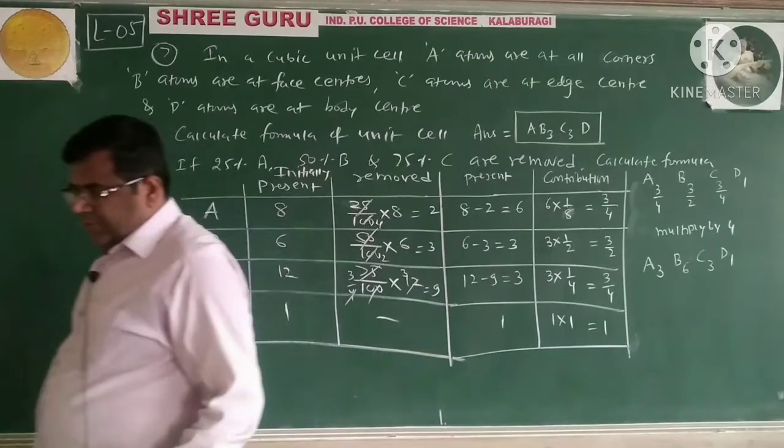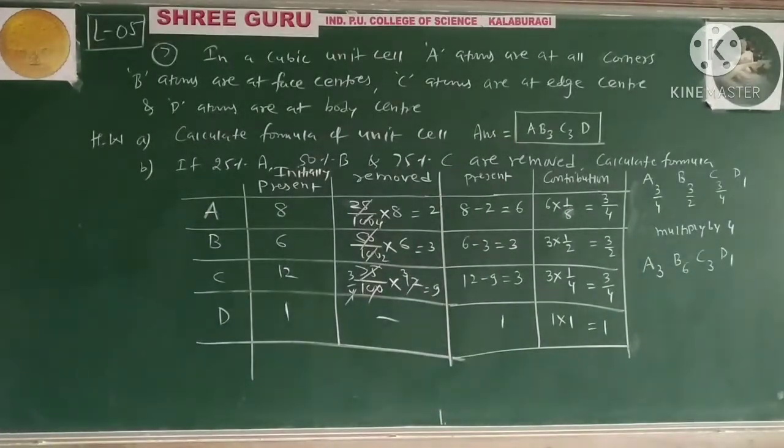So the formula we get here is A3, B6, C3, and for D we get 1 only.